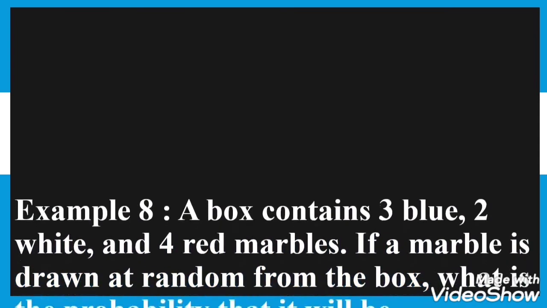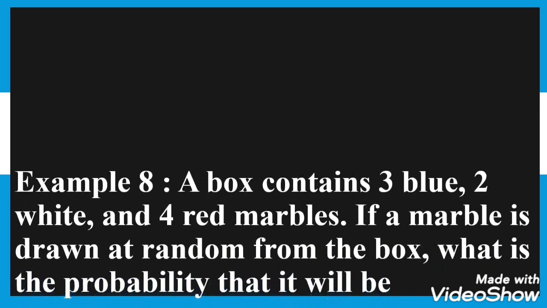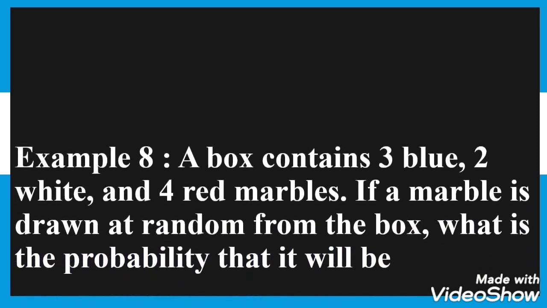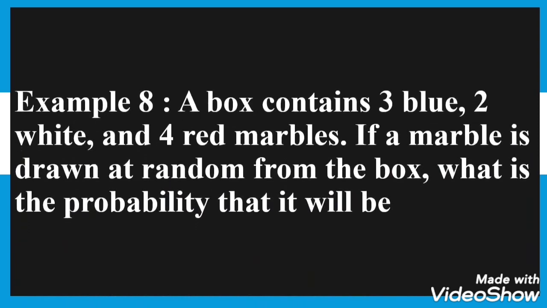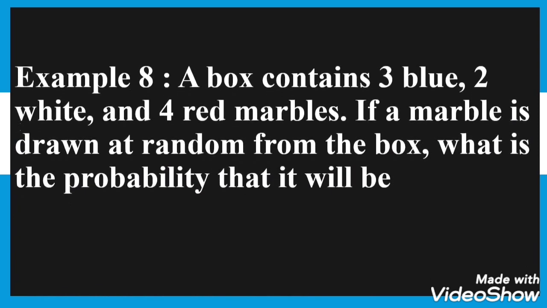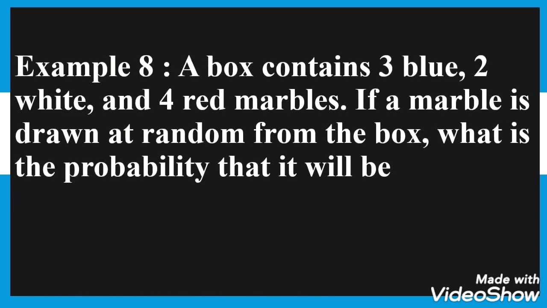Example 8. A box contains 3 blue, 2 white and 4 red marbles. If a marble is drawn at random from the box, what is the probability that it will be blue, white or red? So there are 3 choices. We have to select a marble, but we don't know which we will get.